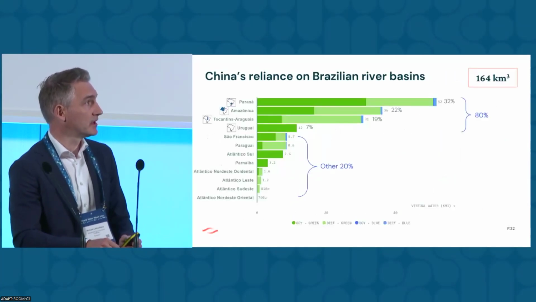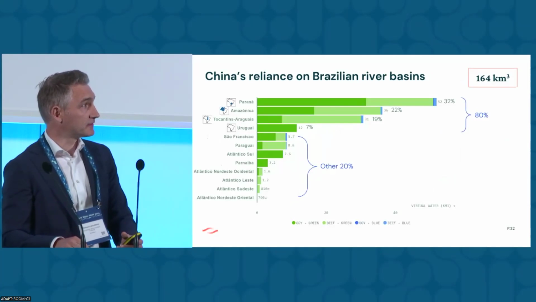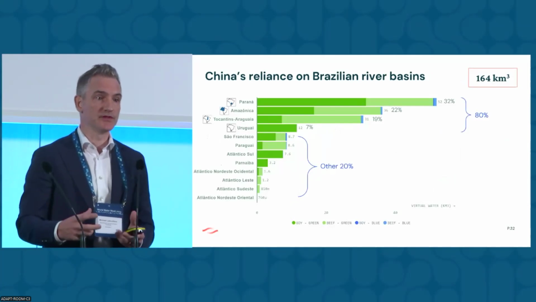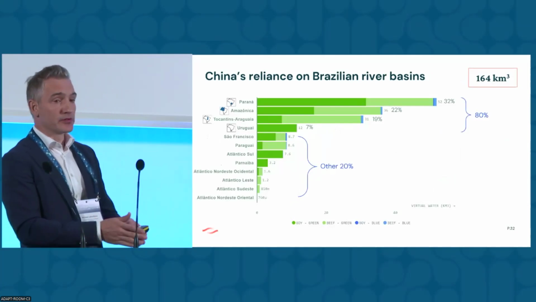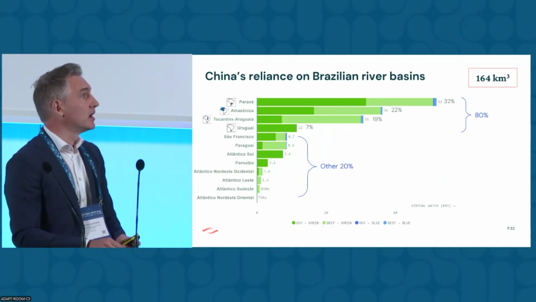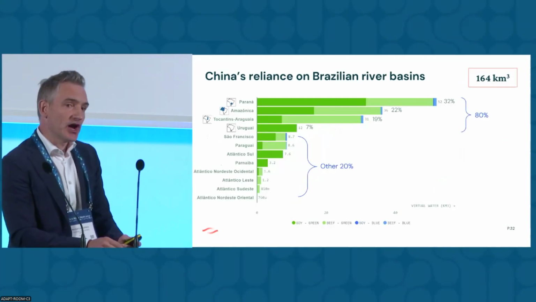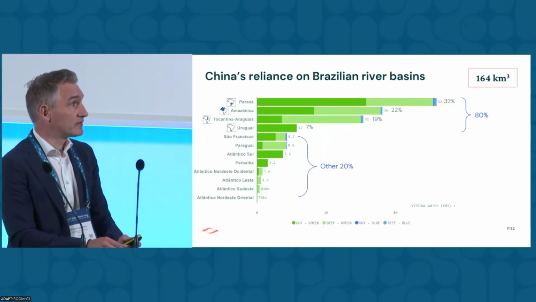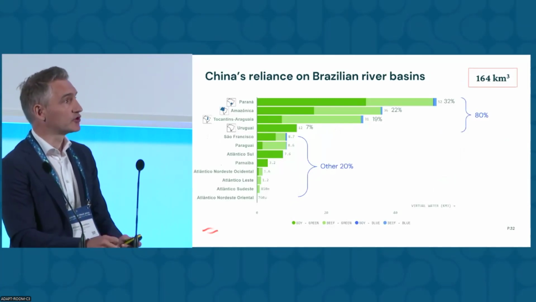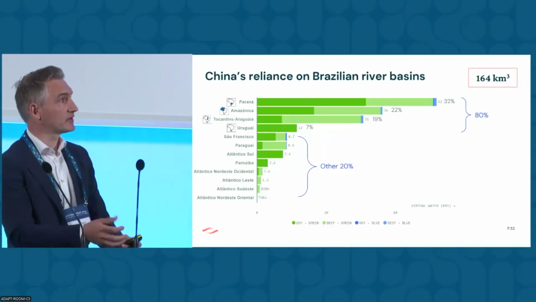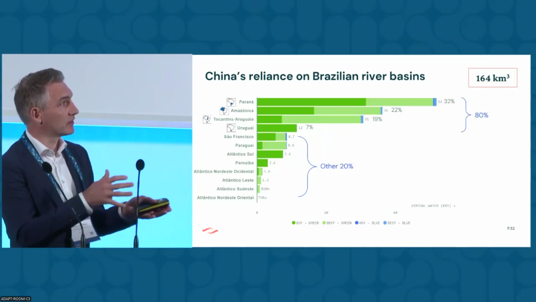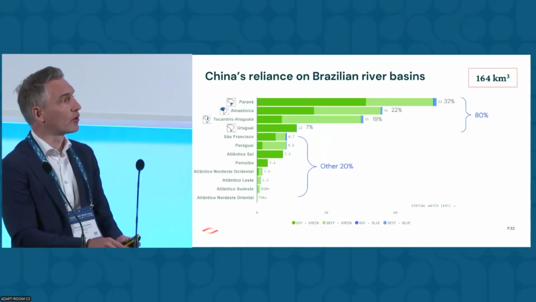So this is just a different version of that, where we've now summed these volumes. And this is now both green and blue water, showing the reliance of China on Brazilian river basins at 164 cubic kilometers. And you can see that 80% of that volume is concentrated in 4 river basins.